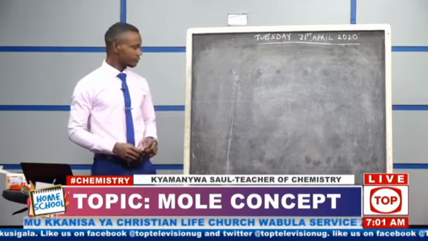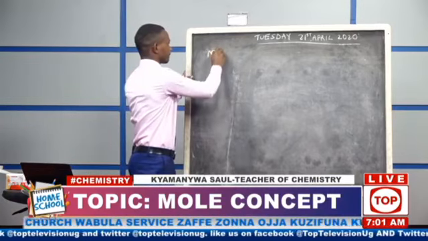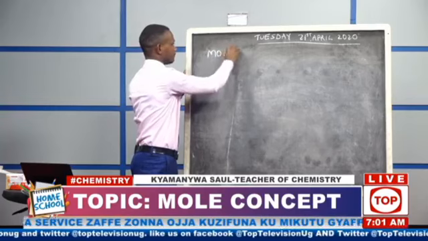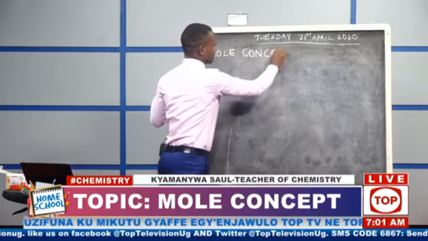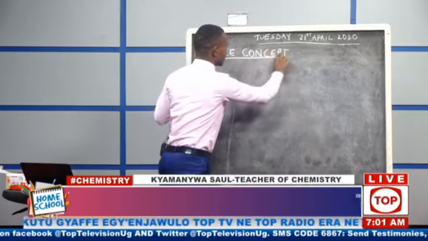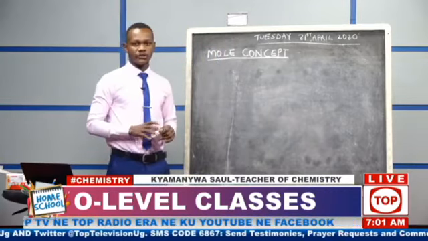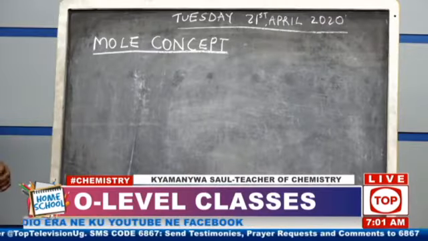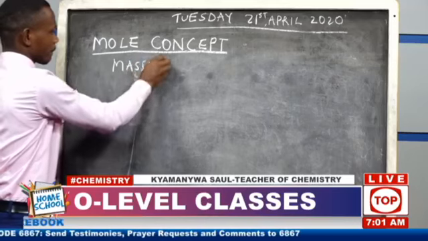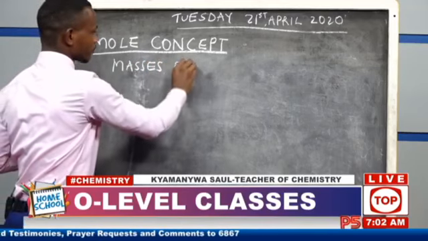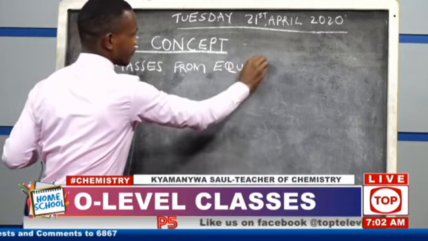In chemistry under the topic mole concept. We are still handling this big topic, mole concept, and today particularly we are going to look at how to determine masses from equations.